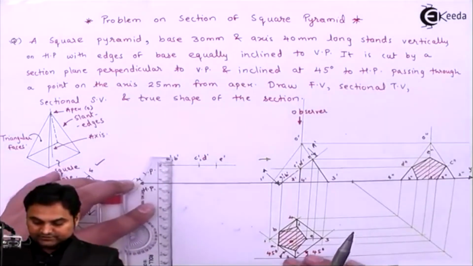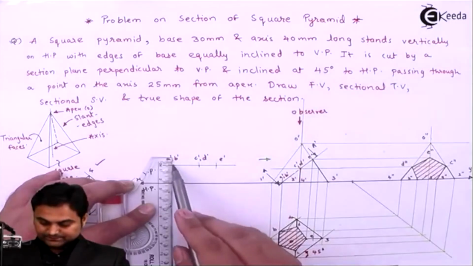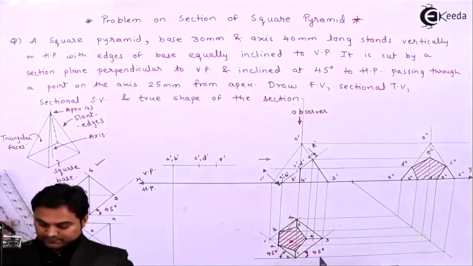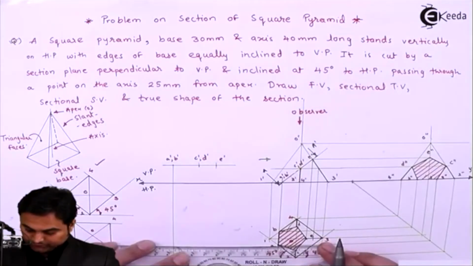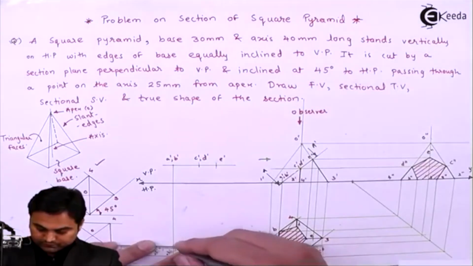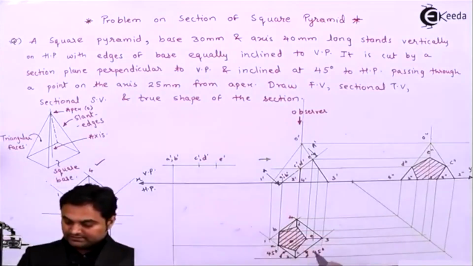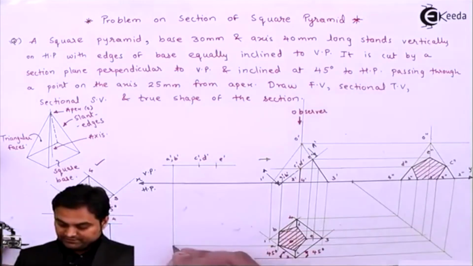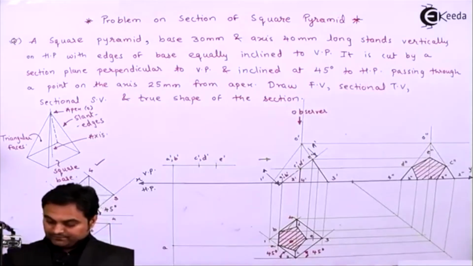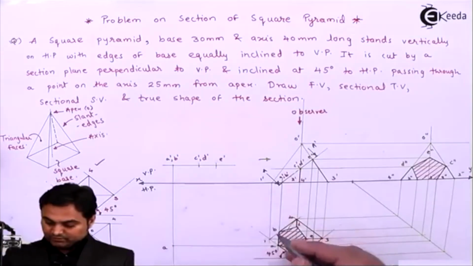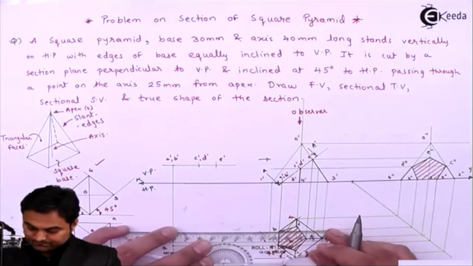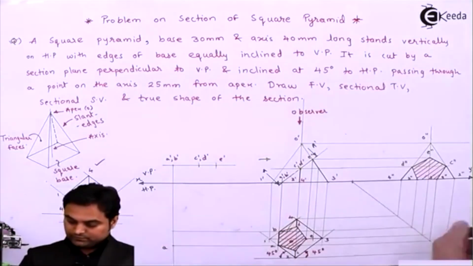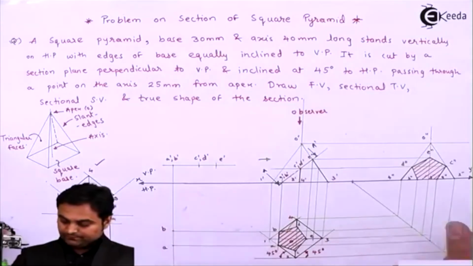So plotting first A dash B dash with a light line, and here point A from the top view. This will give me A dash and A where they intersect, that is point A for the true shape. Then B is also on this same line, so B will be projected light. Here I get point B.